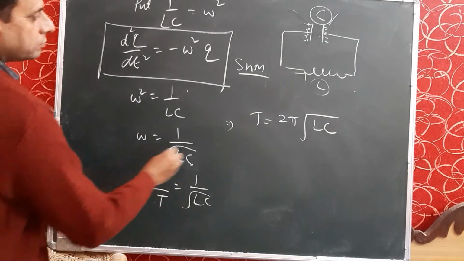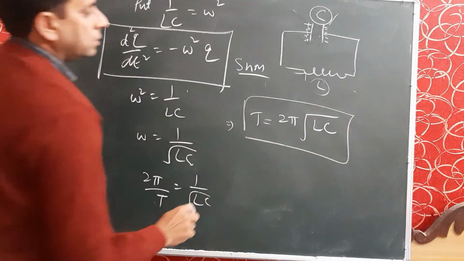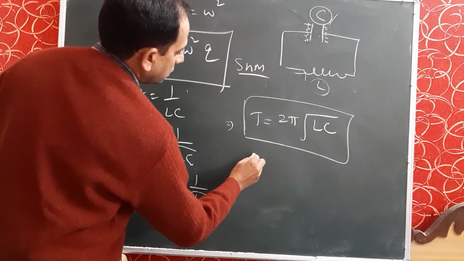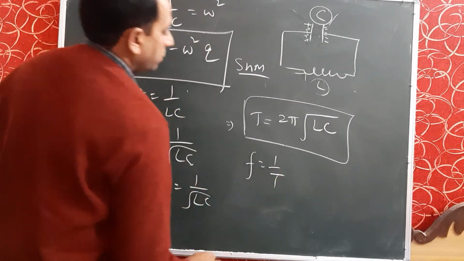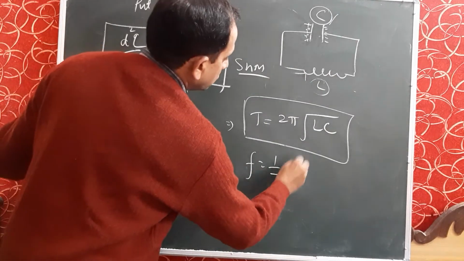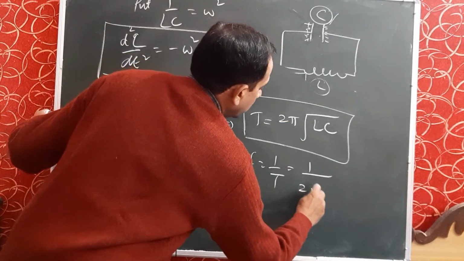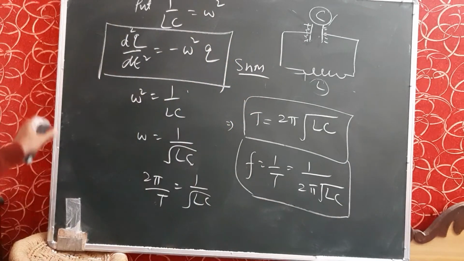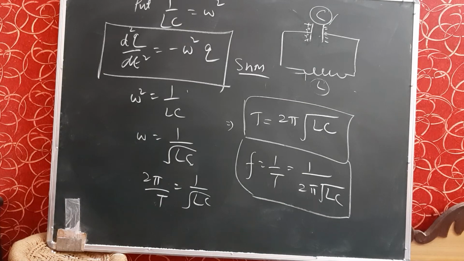This is the time period. Frequency is the reciprocal of time period, so frequency is 1 by 2 pi root LC. This is the frequency and time period of oscillations produced in the electrical oscillator.